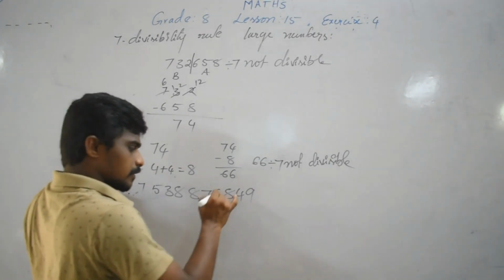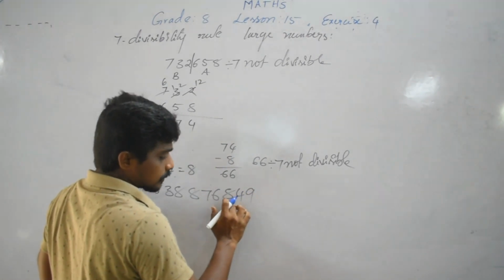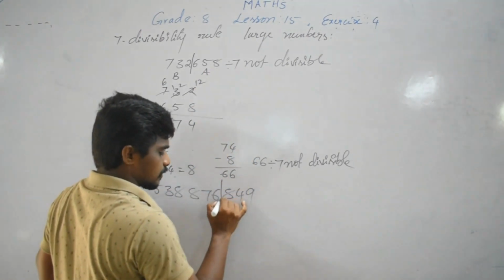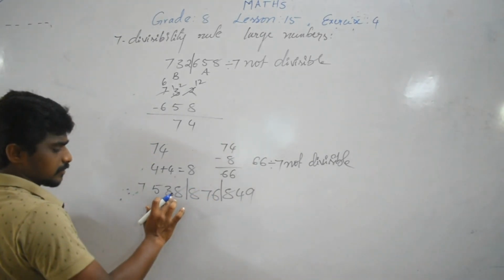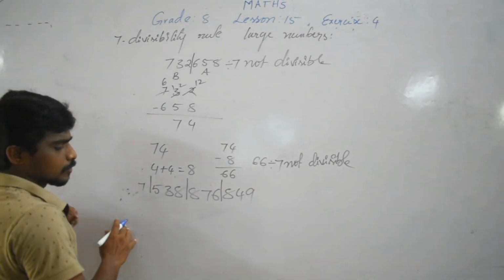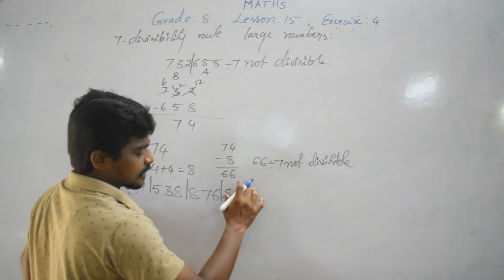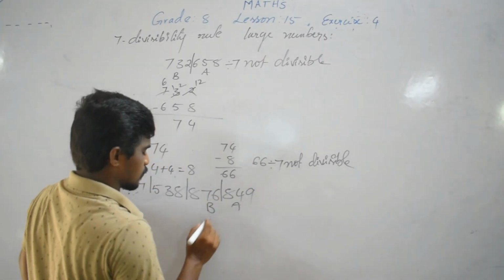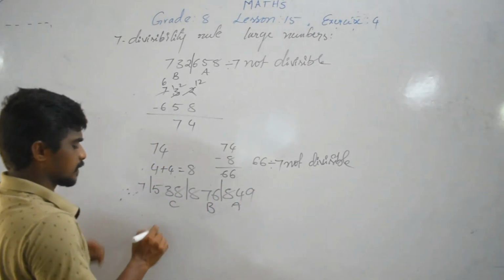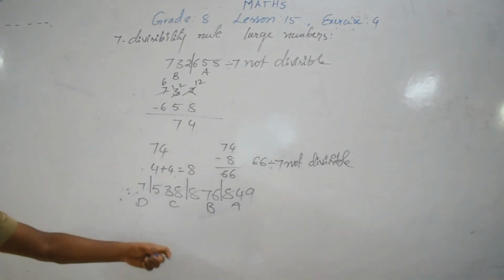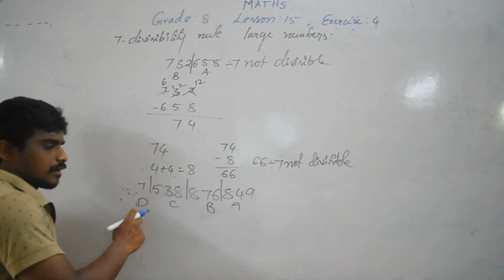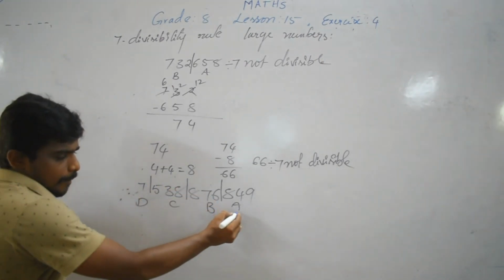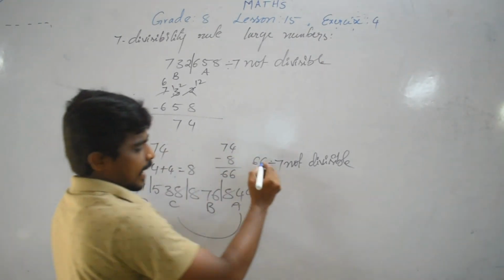Make groups of three from the right: this is group A, this is group B, this is group C, this is group D. Here there are 4 groups. So A plus C are added.